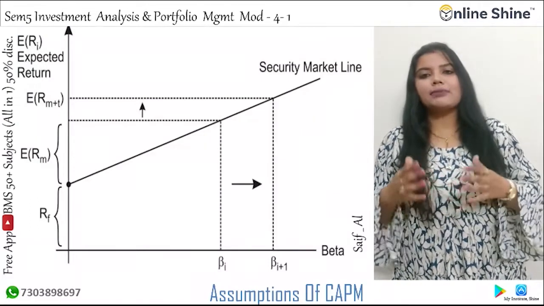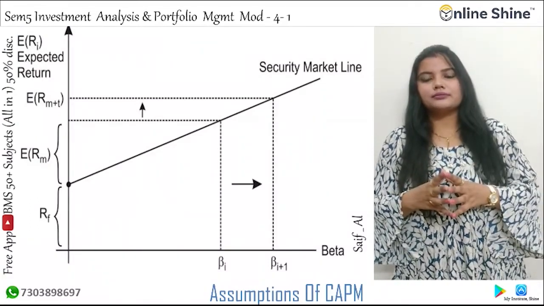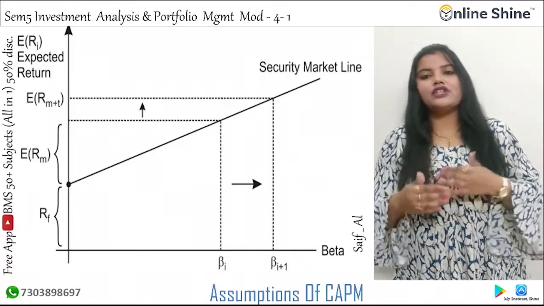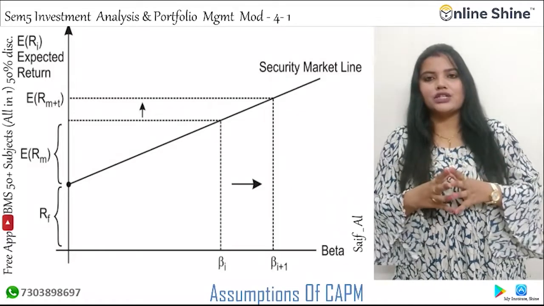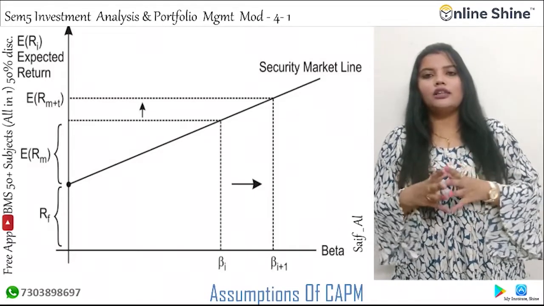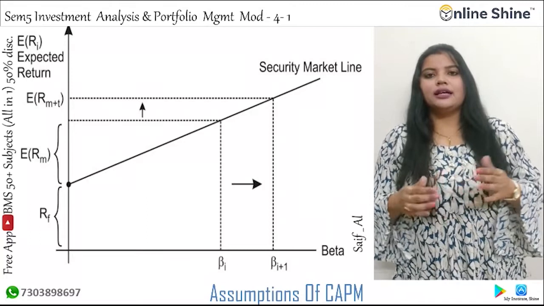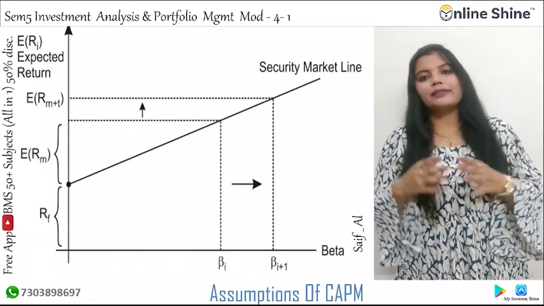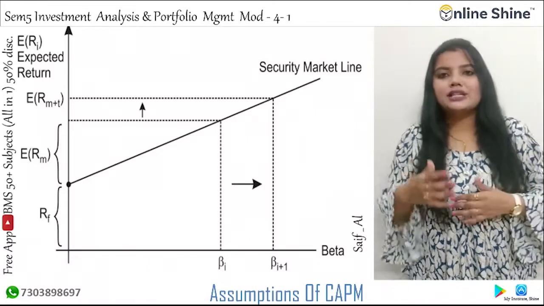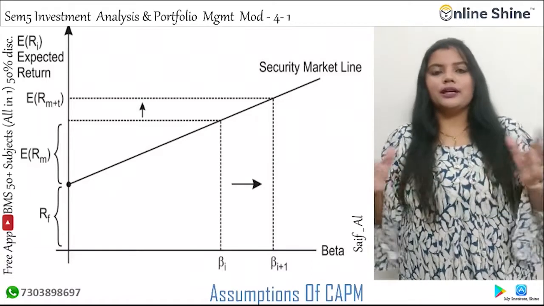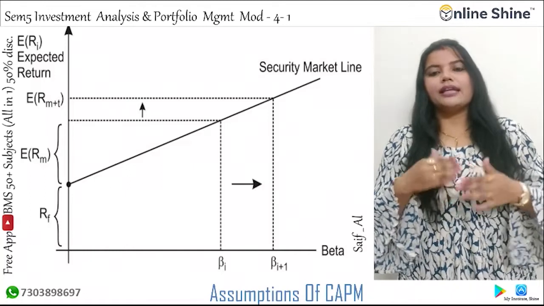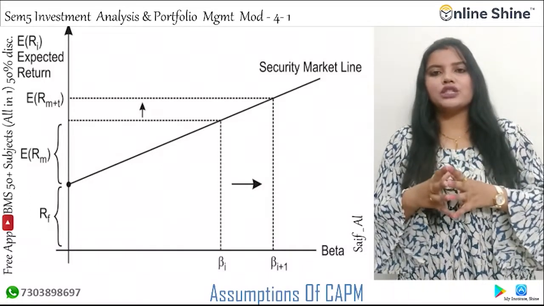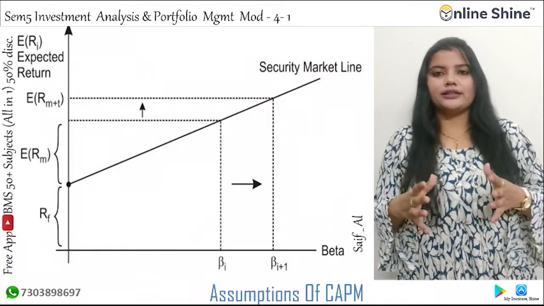The capital asset pricing model describes individual stock returns as a function of the overall market returns. The capital asset pricing model, that is CAPM, is a model that describes the relationship between the expected return and risk of investing in a security.